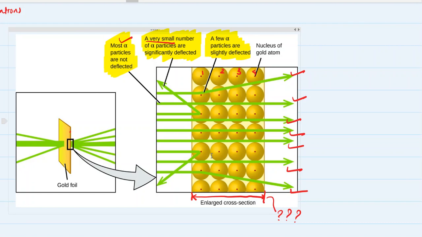Nucleus is a very small part of the atom, but other than that, the whole atom is empty. It has electrons, but electrons have negligible mass. So electrons cannot stop these alpha particles from entering. Electrons will allow the alpha particle to get through them. Electrons will just move away, right?